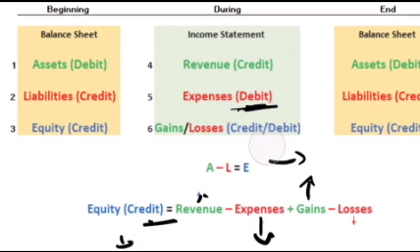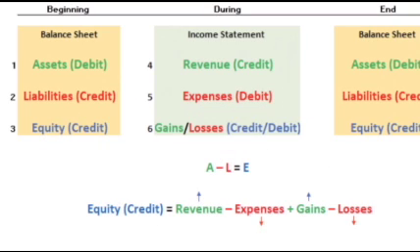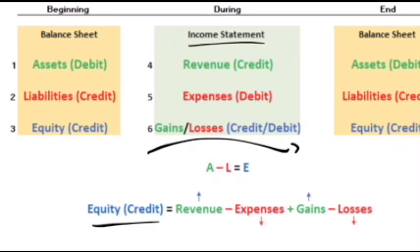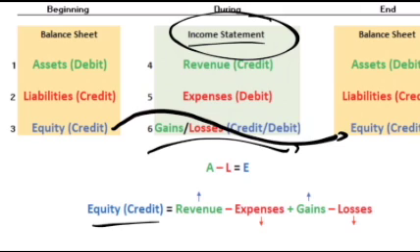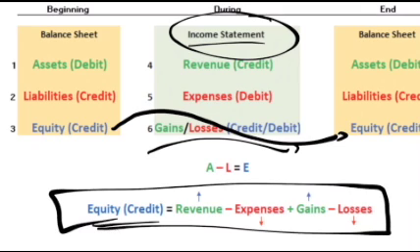See, the framework of the debits and credits through the transactions, the income statement components that happen throughout the year, tie into how the equity changes due to the business that occurs in the year, and it can be represented or framed like so.